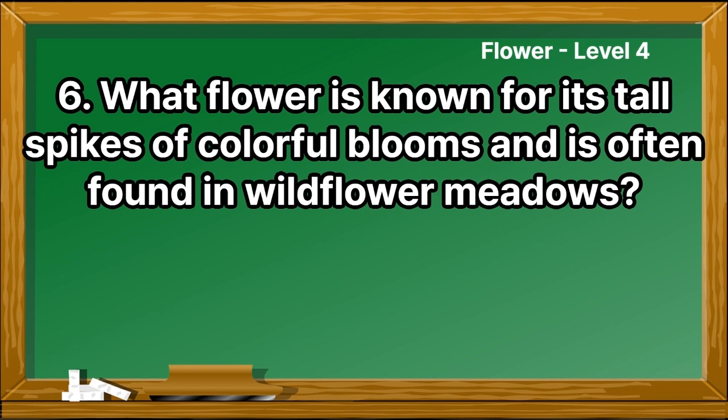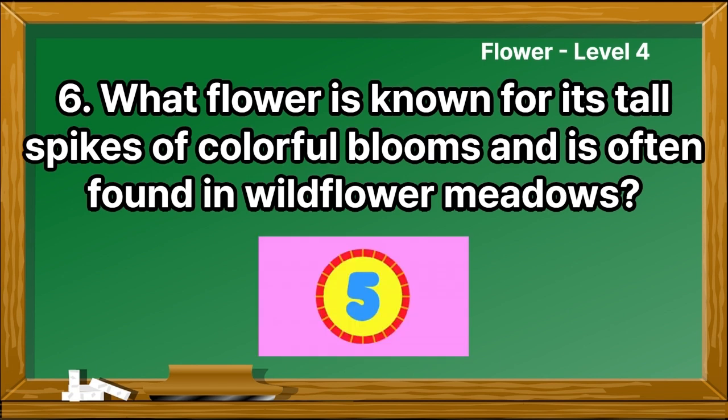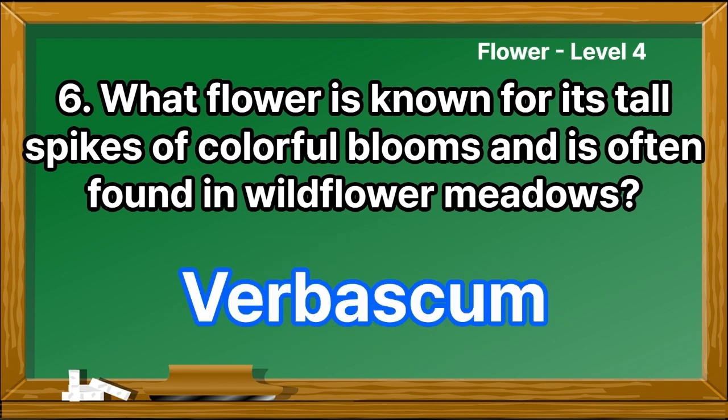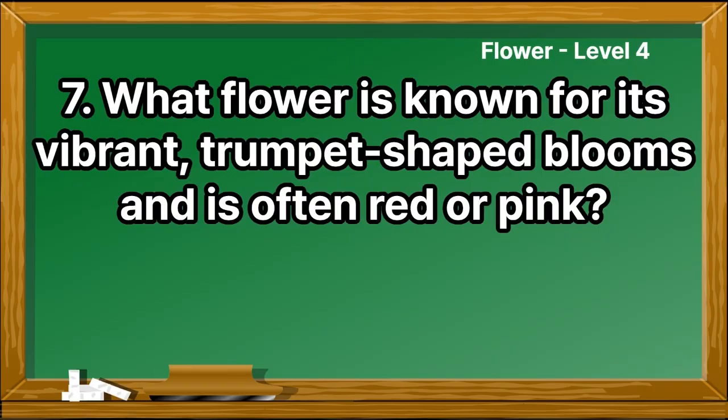What flower is known for its tall spikes of colorful blooms and is often found in wildflower meadows? Verbascum. What flower is known for its vibrant, trumpet-shaped blooms and is often red or pink?